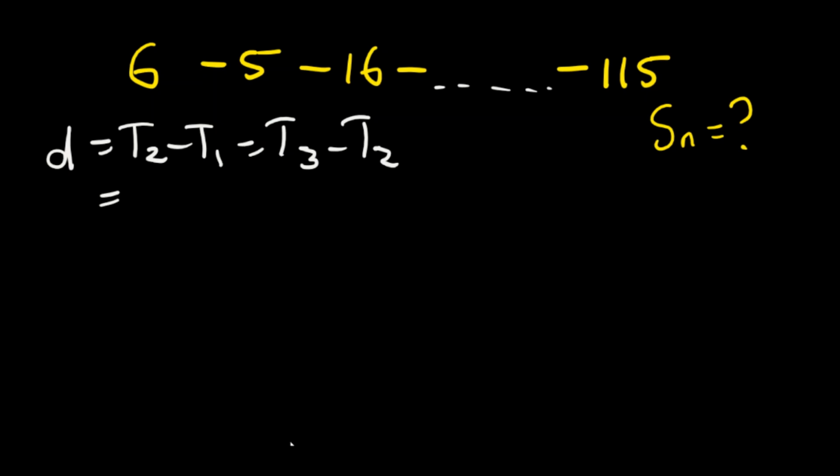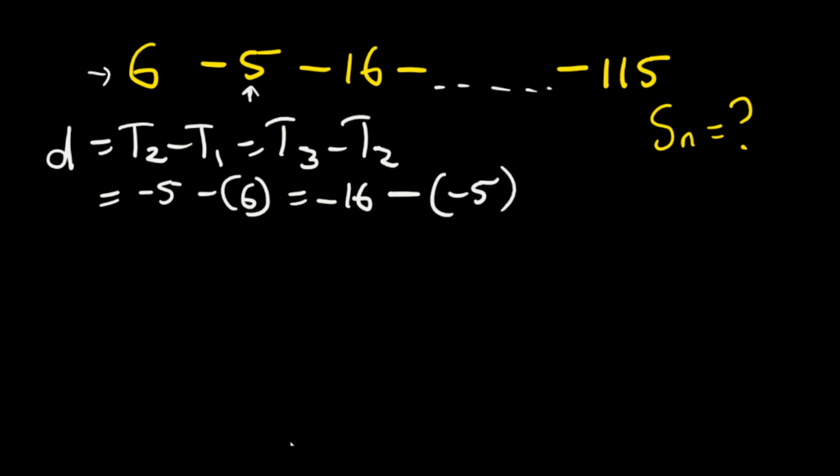And our term number 2 is minus 5, minus our term number 1, which is 6, equals term number 3, minus 16, minus term number 2, minus 5, right?